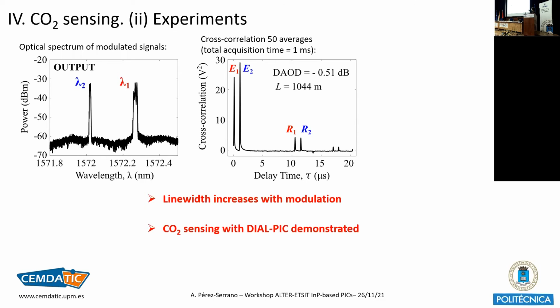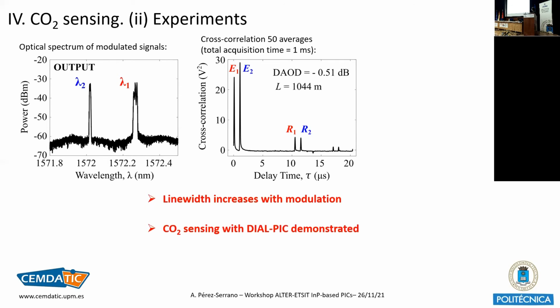And we are measuring the differential absorption optical depth, that is the difference between absorption due to the gas, of 0.5 dB, that is in agreement with the specifications of the gas cell. And also, we have checked this using tunable laser absorption spectroscopy. So we can say that the CO2 sensing with the chip has been demonstrated.